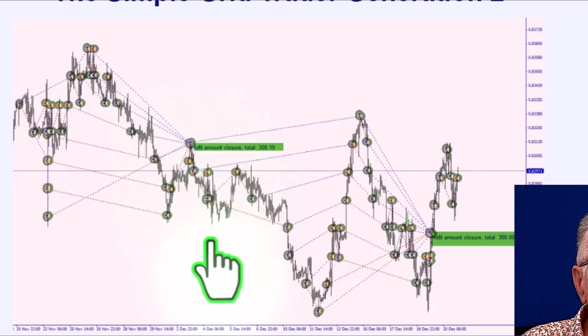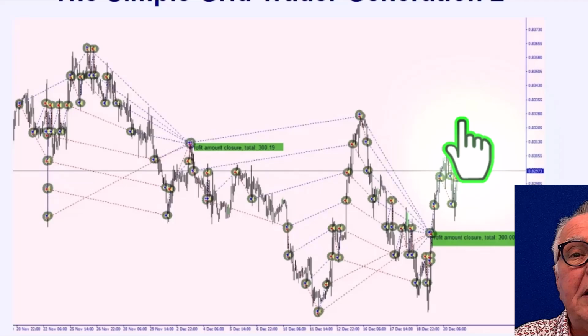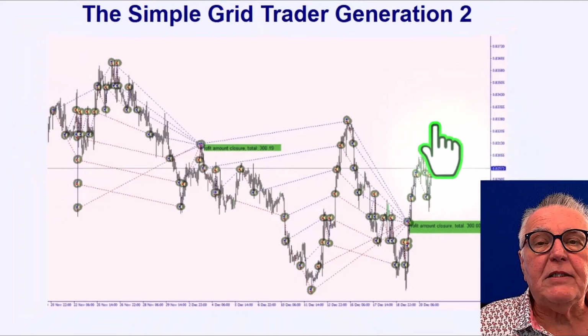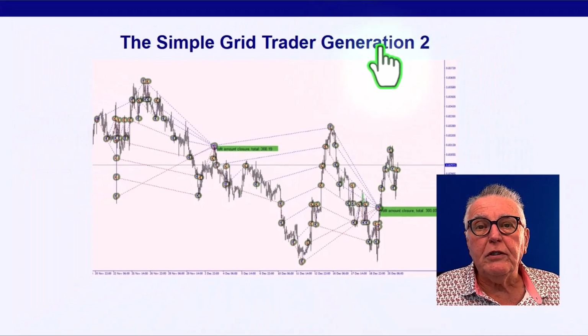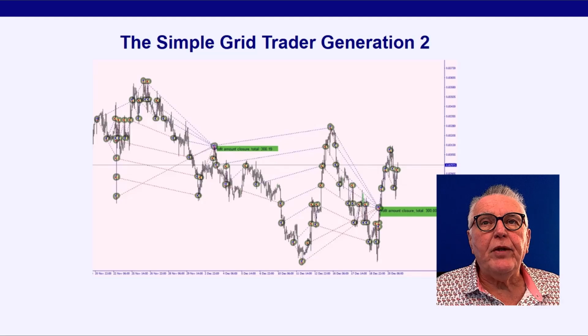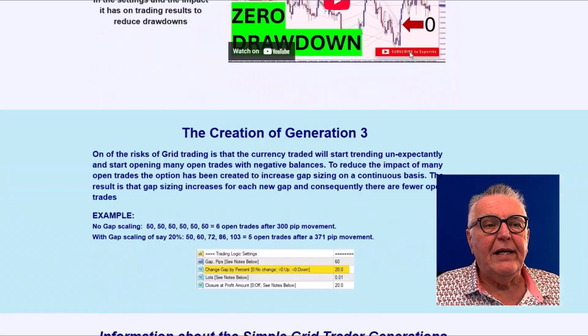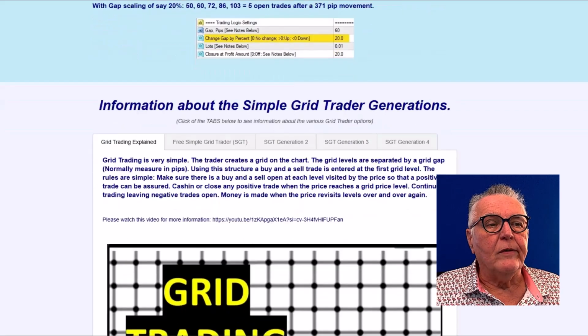There's one basket closure, there's another big basket closure, and it continuously works that way. That's how generation 2 got the improvements that were made. And then generation 3, as you know, has now increased the grid sizes as it goes along.